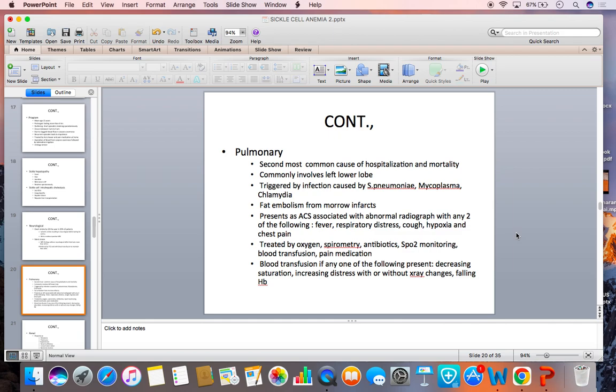Treated with oxygen, spirometry, antibiotics, SpO2 monitoring, blood transfusion, and pain medication. Children with sickle cell anemia getting admitted into pediatric emergency services, this is the most common cause, that is acute chest syndrome.